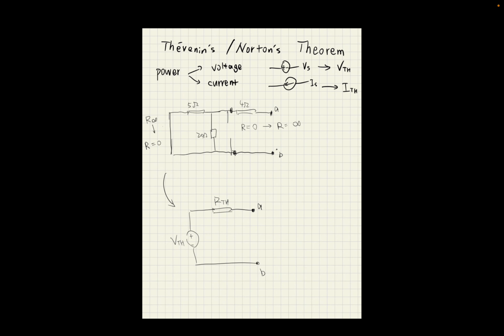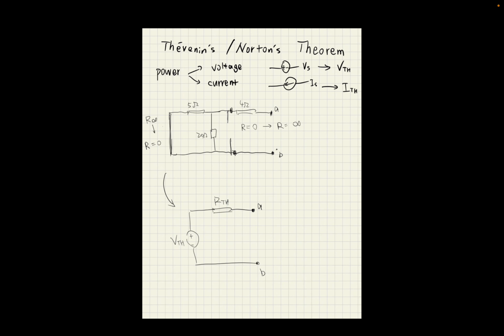So what I've done is turn all the voltage sources into a cable. In other words, short circuit all the voltage sources and open circuit all the current sources. Why did we do that?